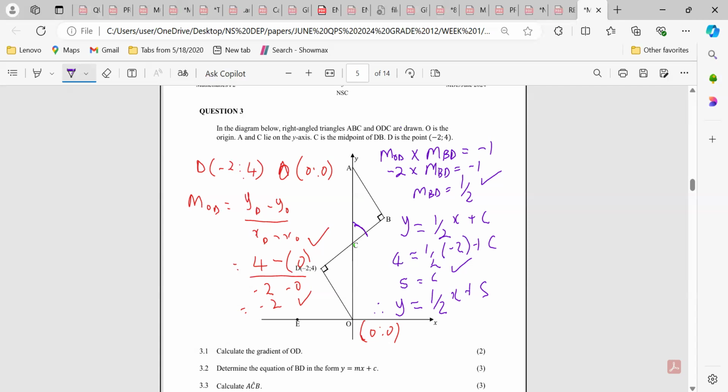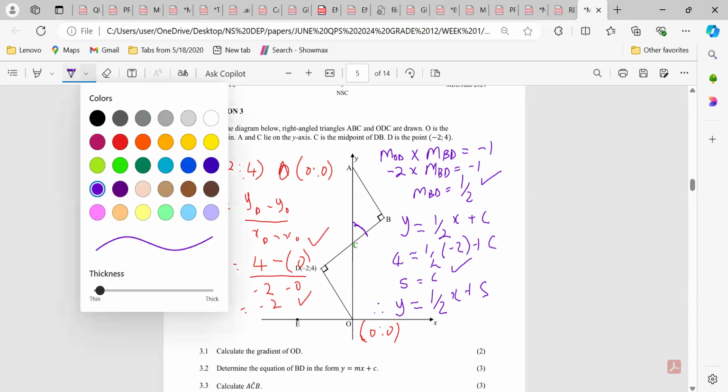Both of them are fine. So it's between line AO and also line BD. Now, AO is the y-axis. It doesn't have an angle of inclination, so we're going to ignore that one. What we're going to talk about then is BD.